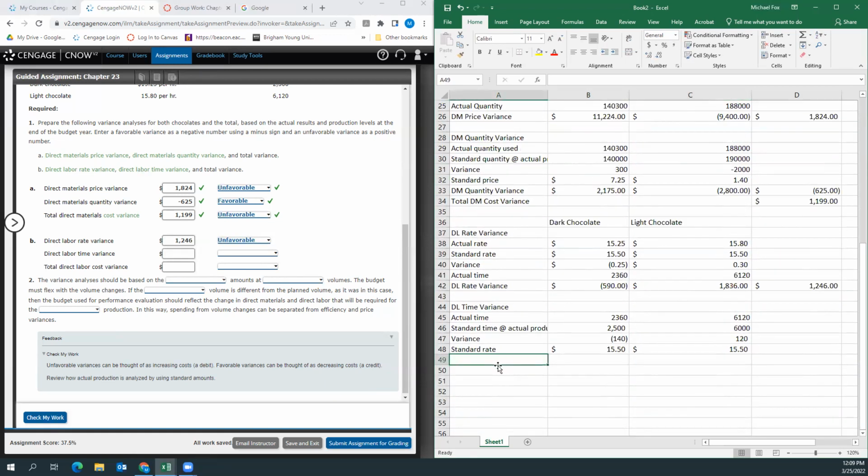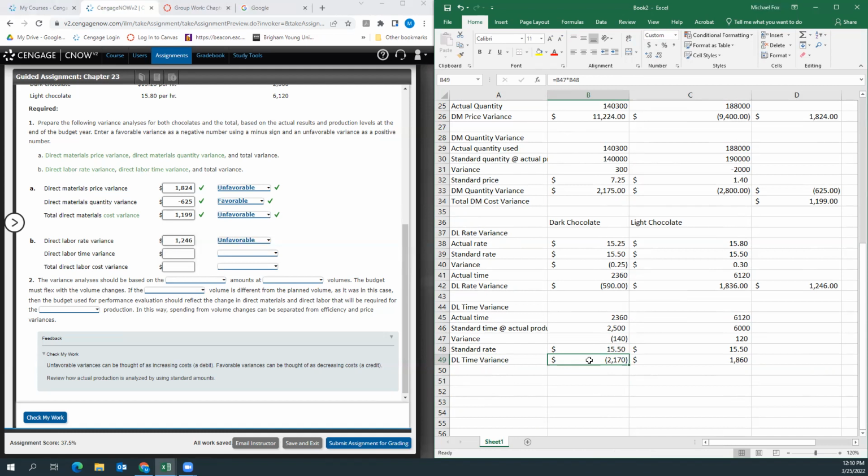So our direct labor time variance will be our variance times our standard rate. Why it didn't come out with dollars on that one, I don't know. So we would say we had a favorable direct labor time variance.